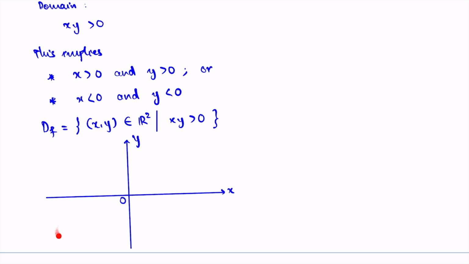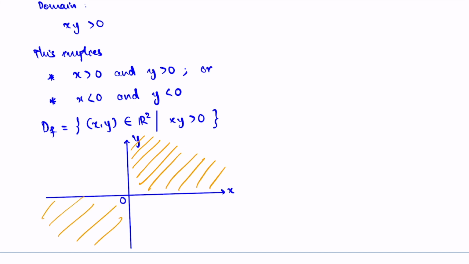So this is the third quadrant of the xy plane. Therefore, the domain of the function consists of all the points x comma y in the first quadrant and in the third quadrant. And this is for the logarithmic function. Therefore, the range of the function is all real numbers, from -infinity to +infinity.